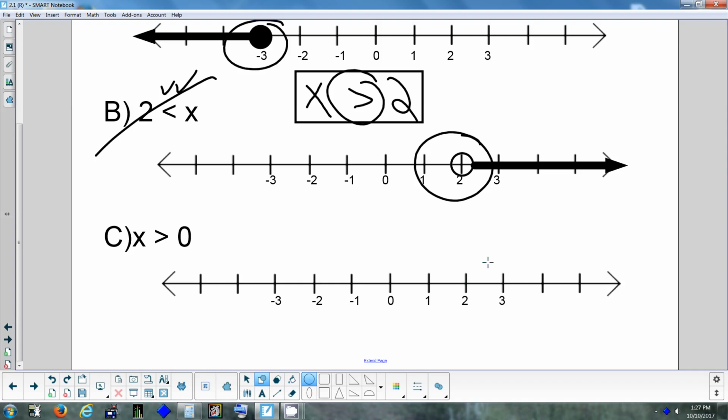Look at this. Not so much the number, but what it is. What are those things? What did I just draw? Yeah, open circle and a closed circle, right? Okay, so at 0, what should I do?